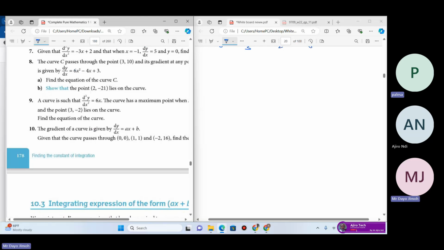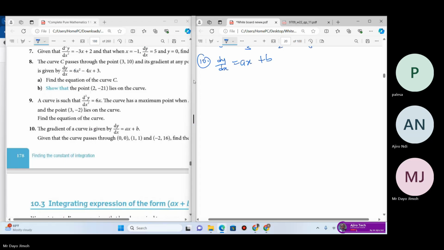Never mind. We can do it, and let's do it together. So the question says, you're going to integrate. This is dy/dx, which is ax plus b. So when you integrate it, y becomes the integral of ax plus b.